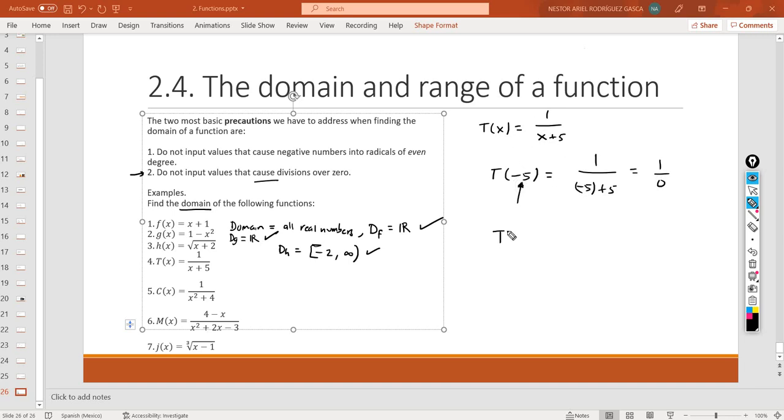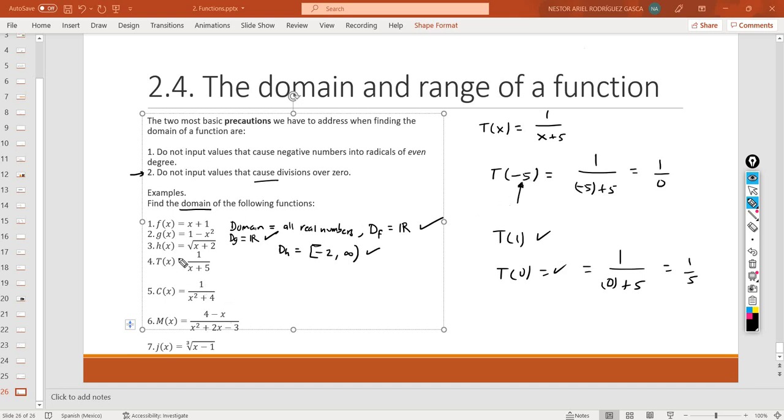But for any other value, t of 1 will give you a perfectly good number. t of 0 will give you a perfectly good number. Let's try that one out. That's going to be equal to 1 over 0 plus 5, which is 1/5. You get my point, right? Any other value will be fine. The only one that we should reject is minus 5.